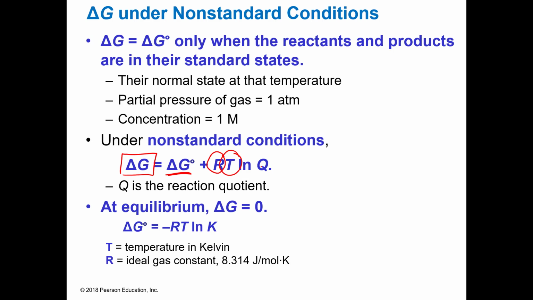Your R is going to be what I call the energy form of the ideal gas law constant, which is 8.314 joules over mole K. And then your temperature must be in Kelvin.